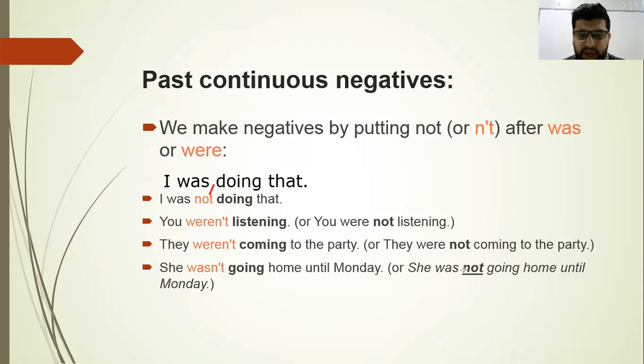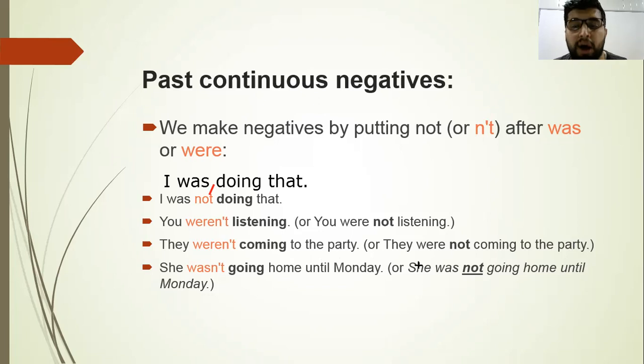Here we have both examples. When you say you were listening, if you change it to negative, we say you weren't listening, or you can say you were not listening. They weren't coming to the party.